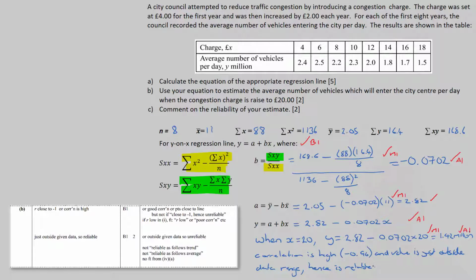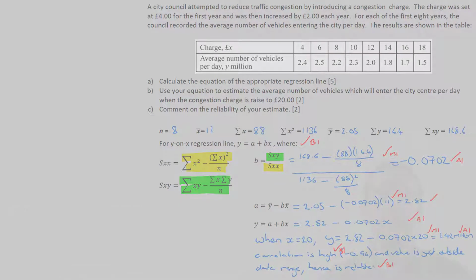The final 2 marks are B marks, which means they are independent of method or awarded for correct statements. We earn 1 for high correlation and another one for just outside our range in our conclusion. Now note that often mark schemes will award you the marks either way, as long as you give a valid reason. So here, saying no because it's extrapolation would still earn you the marks.